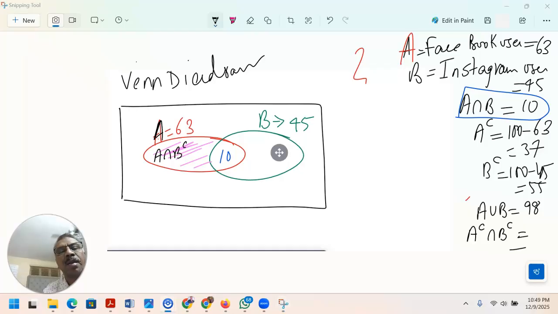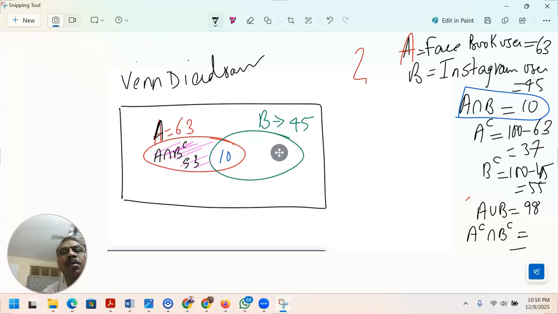So this will be 63 minus 10, so this is 53.